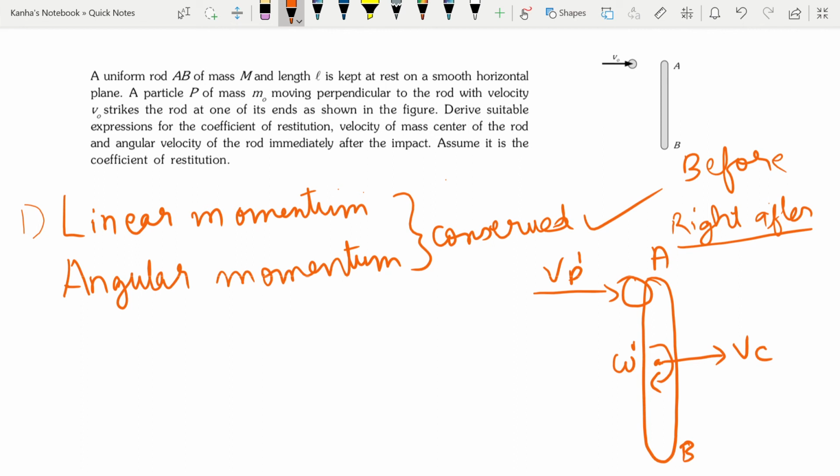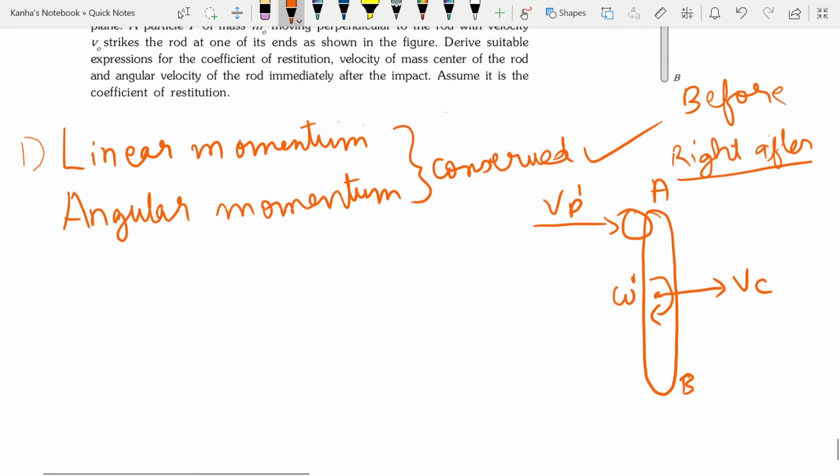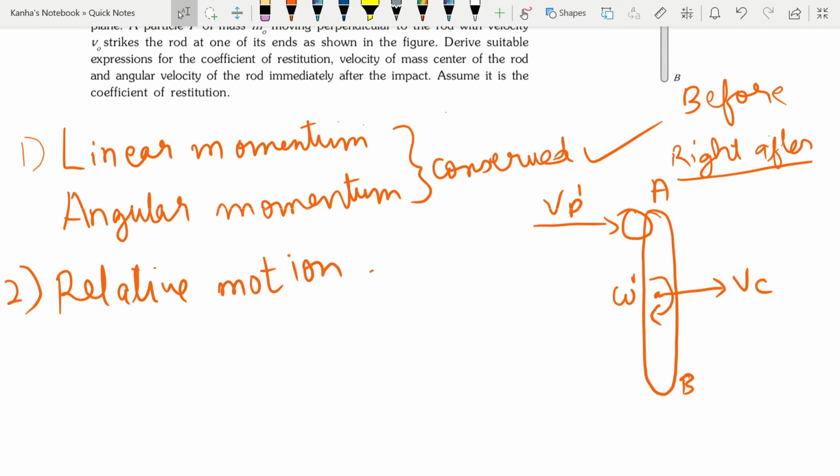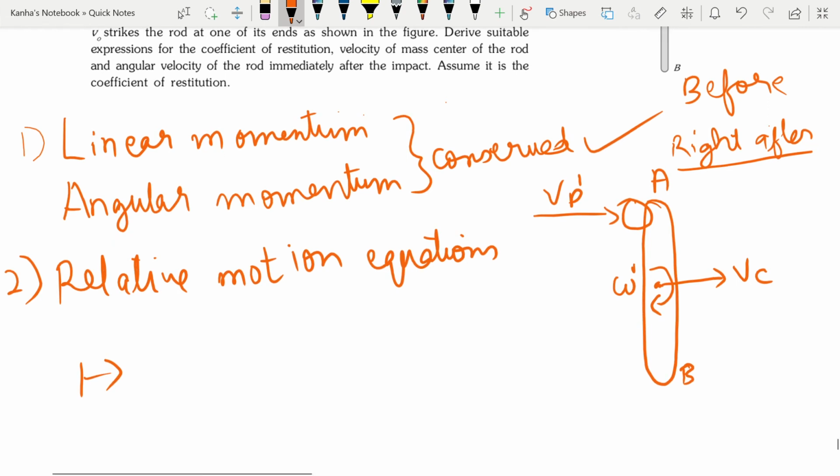Okay, so now first of all you need to use the relative motion equations. So the second point that you should keep in mind is relative motion equations. Let's just apply these concepts.